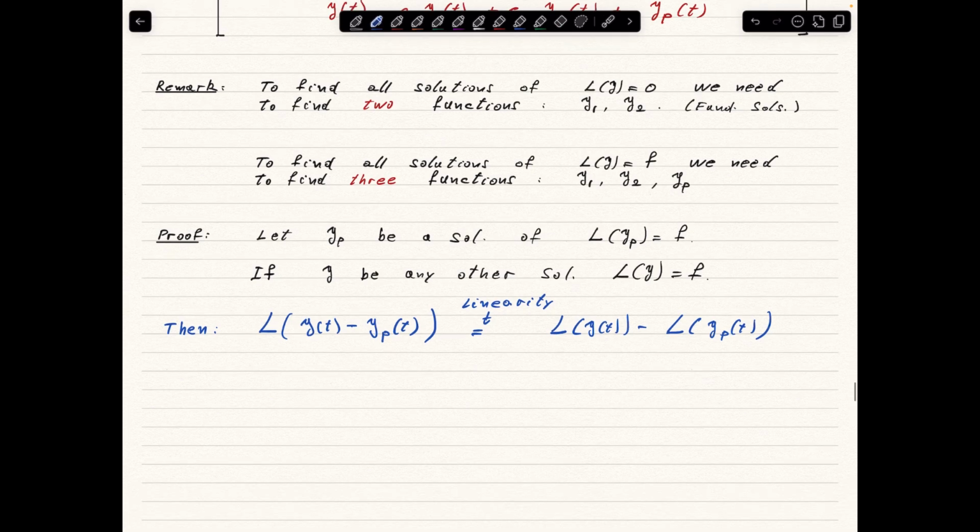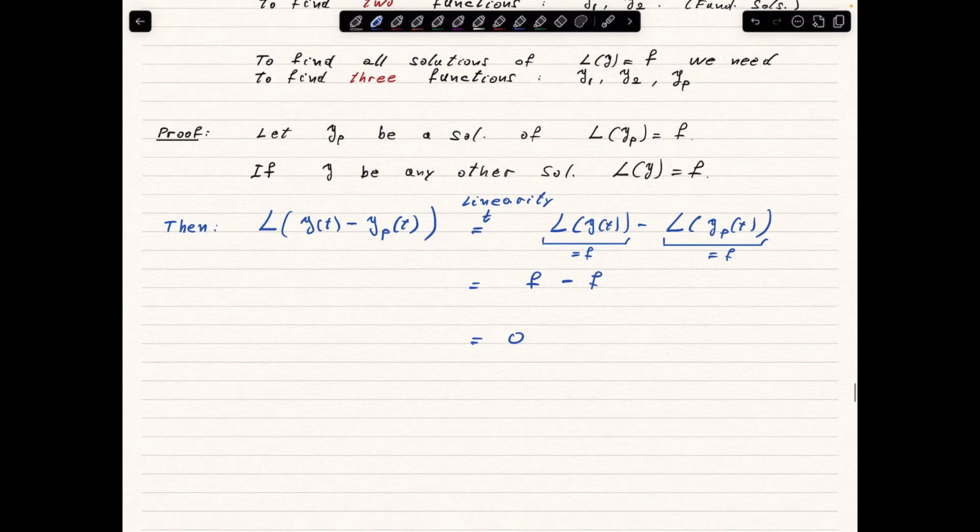Okay, but we know that this here is equal to f, because this is our assumption, a solution of the non-homogeneous equation, and this is a solution of the same non-homogeneous equation, so you have f minus f, which is actually equal to 0.